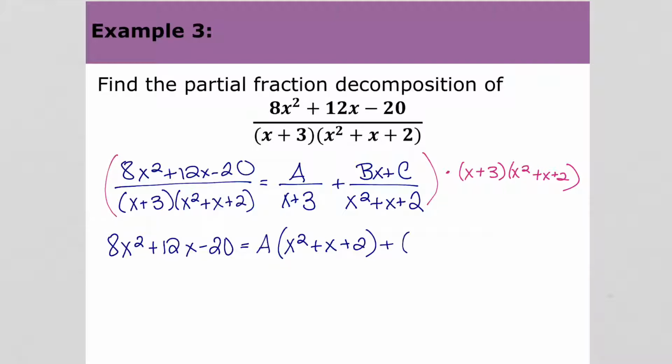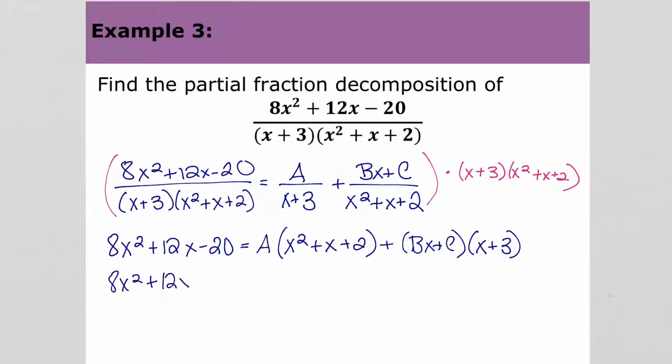On the top, we've got bx plus c. The x squared plus x plus 2 cancels out, and we're left with x plus 3. We're multiplying that by all of the bx plus c. So if you leave those parentheses off, you're doing something wrong. You've got to have that bx plus c in parentheses multiplied by the x plus 3 in parentheses.